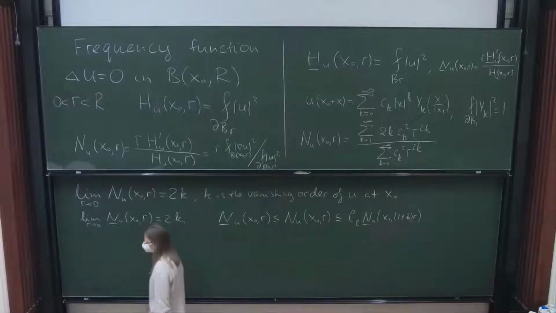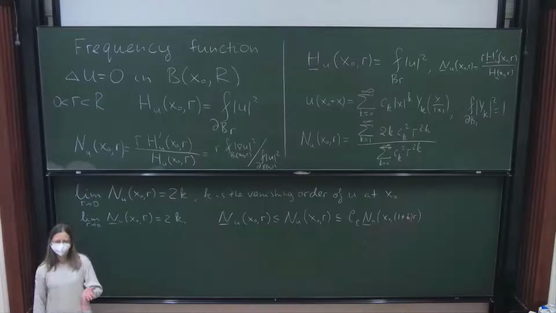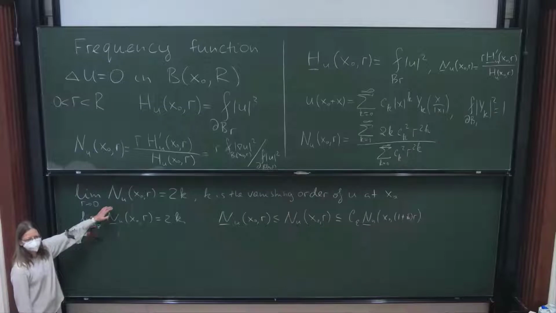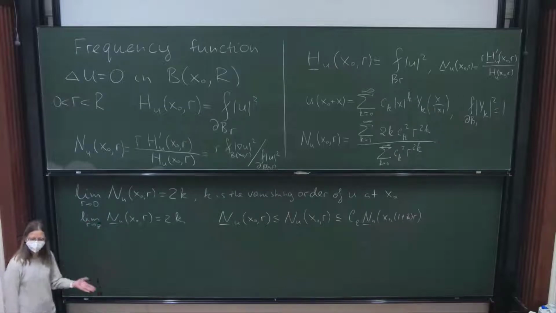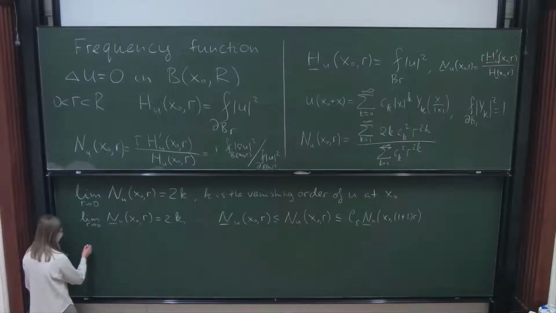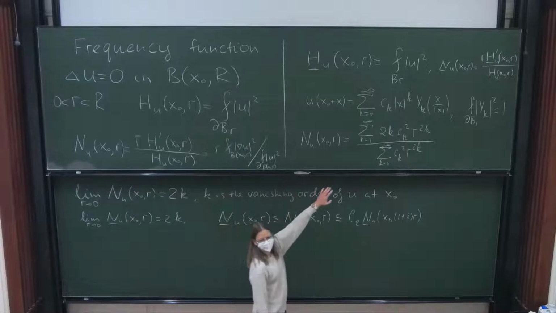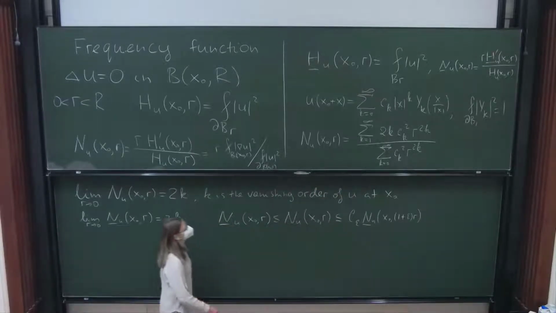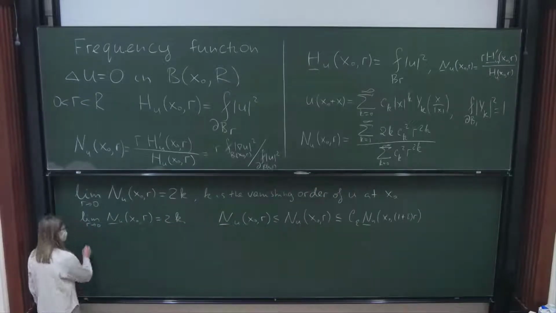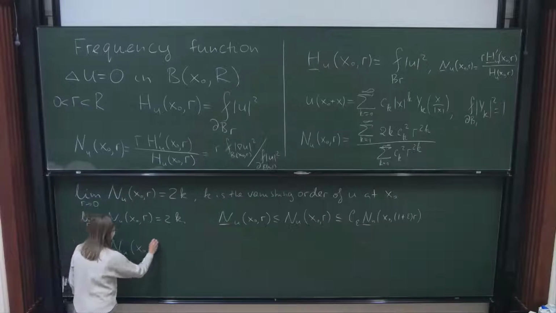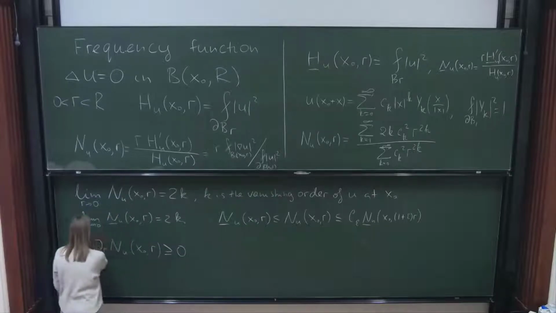And the whole frequency method is based on a very nice observation that for harmonic functions, this frequency is an increasing function in the radius. If you look at this expression, it's not difficult to note that the derivative in r of our frequency function is nonnegative.